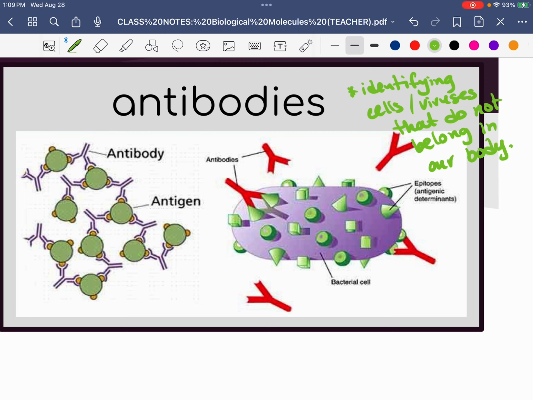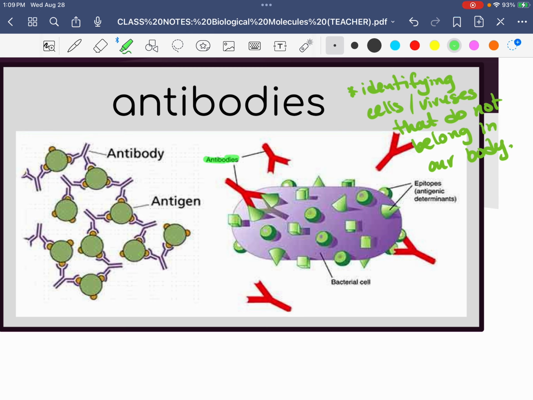In other words, they are not from our body, they are invading our body. We call these the pathogens. So these are pathogens, things that make us sick.